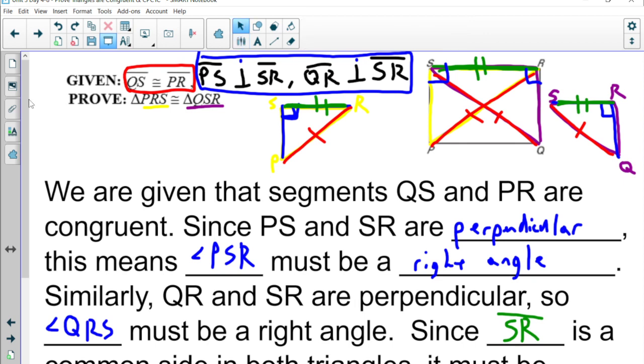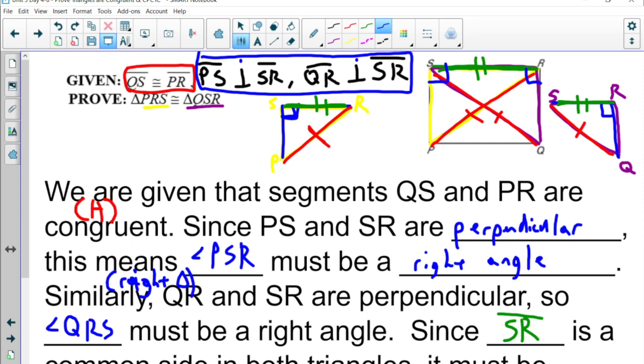And hopefully you can see that the method we're going to use is hypotenuse leg, in which Q to S and P to R is my hypotenuse, right? It's that side across from the right angle. We need to be told that it's a right triangle, which is all of this information, right triangle. And then that reflexive property gives me the leg.